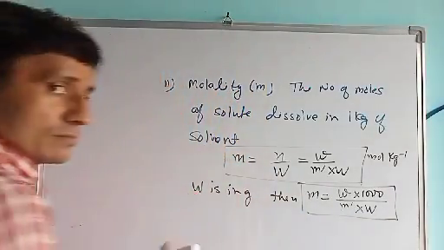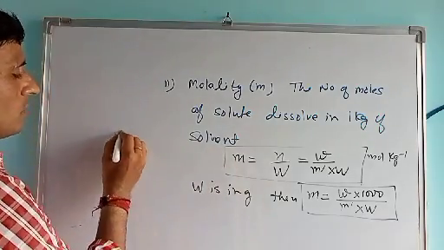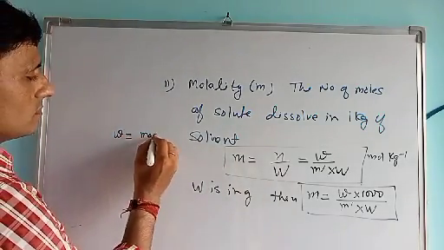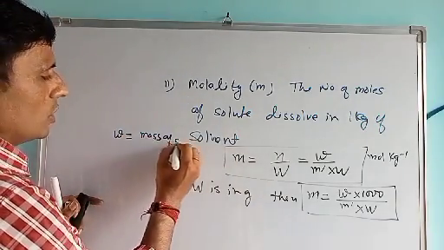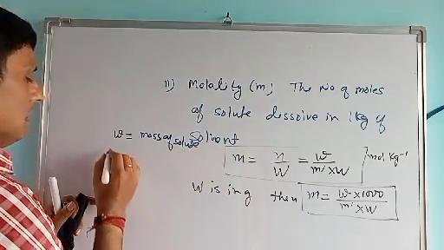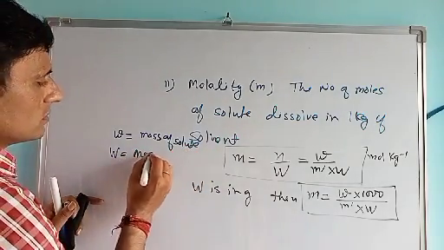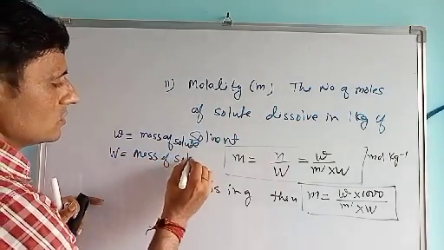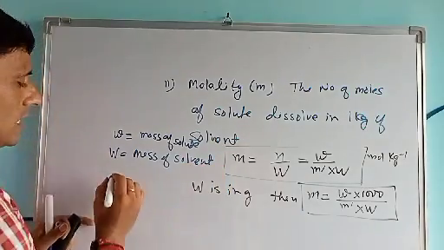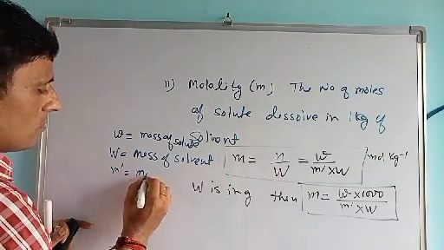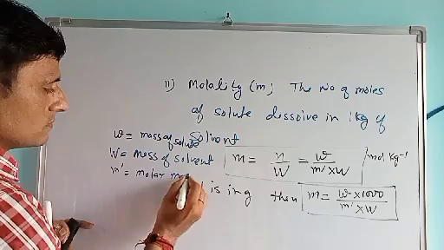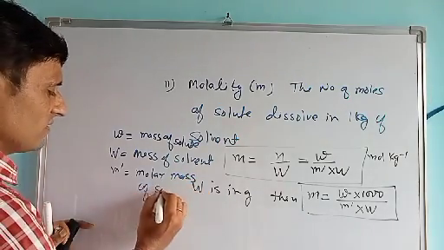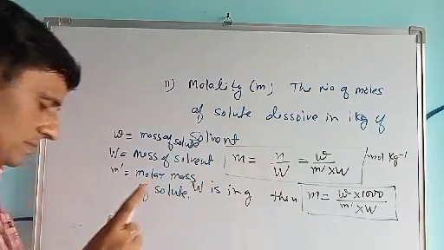Here small w equals the mass of solute, capital W is the mass of solvent, and M dash is the molar mass of solute.